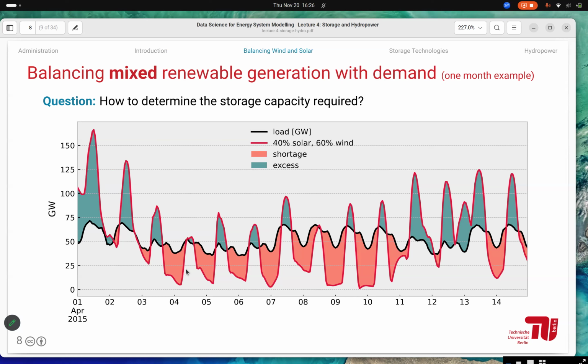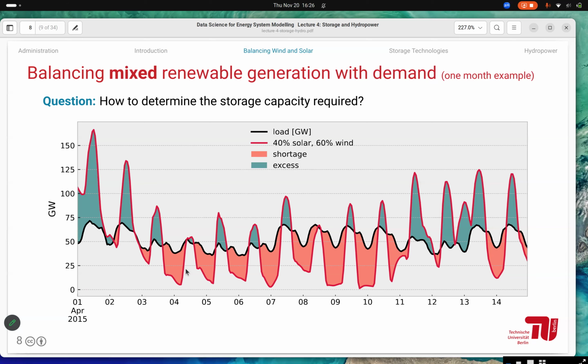And I want to introduce that concept on a very basic level, with an analogy of the bathtub. I think I mentioned that in response to one question a couple of lectures ago, just to illustrate that there are different parameters that we need to think about when we want to understand what storage capacity is required.